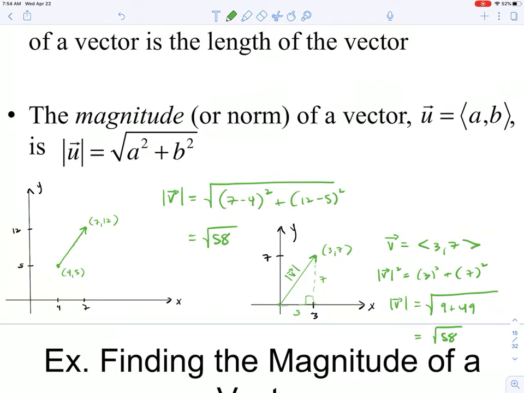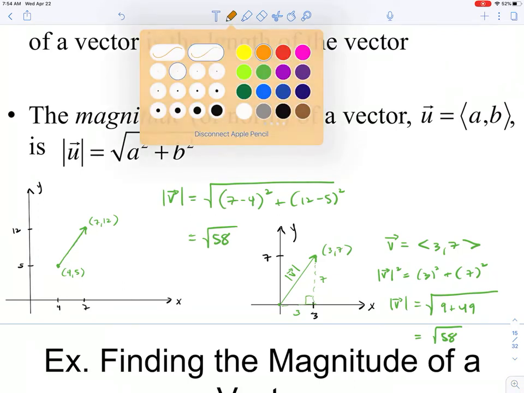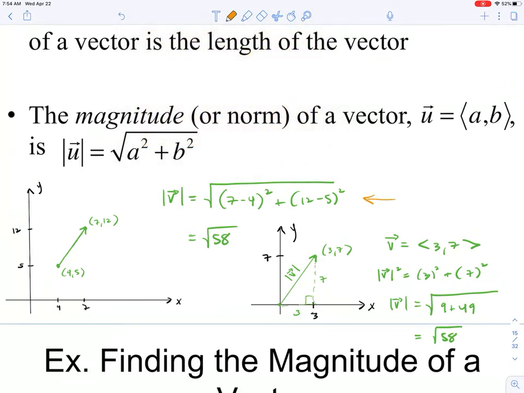So if the vector is in standard position, you can just take the square root of a squared plus b squared. If the vector is not in standard position, then you can just think about using the distance formula.